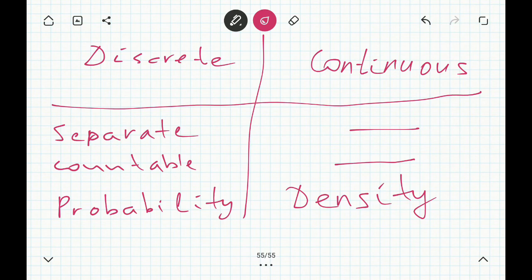So the density function plays the same role for continuous random variables that the probability plays for discrete random variables. Oh, and by the way, so instead of saying density function or probability density or density every time, you can just call it PDF. So PDF is probability density function. Okay, so where you have probability for discrete events, you have PDF for continuous events.